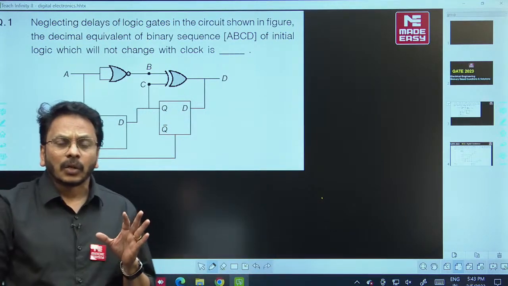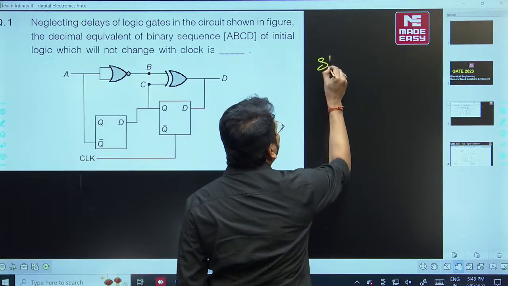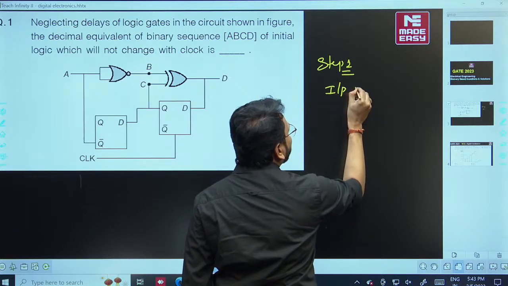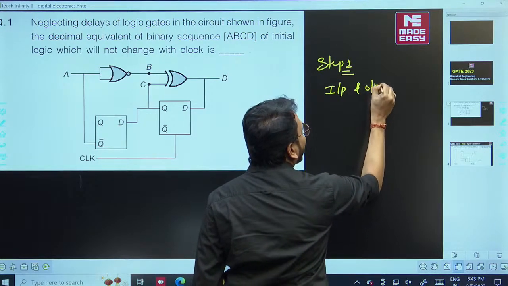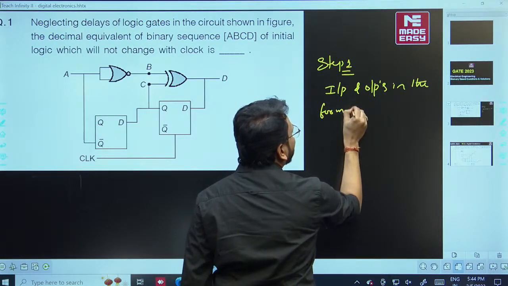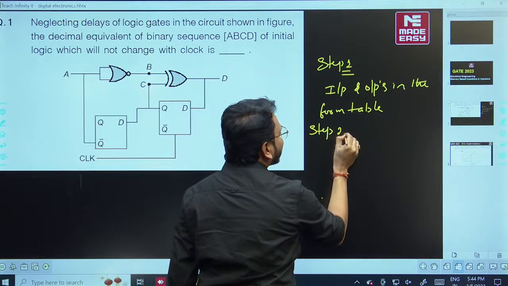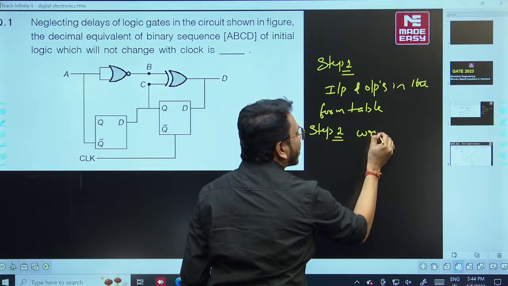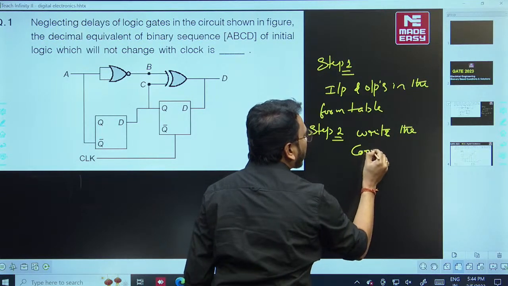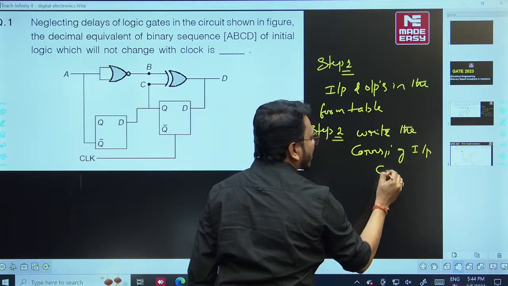Here, we are going to discuss those 3 steps. Step 1: we write the inputs and outputs in the form of a table. Step 2: write the corresponding input connections.